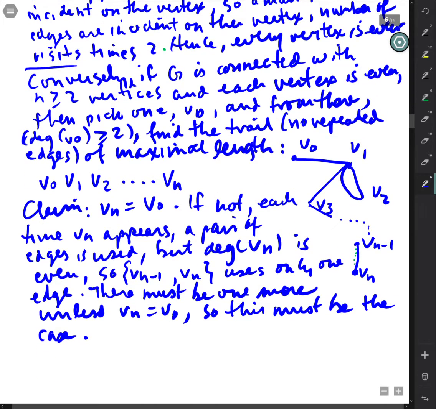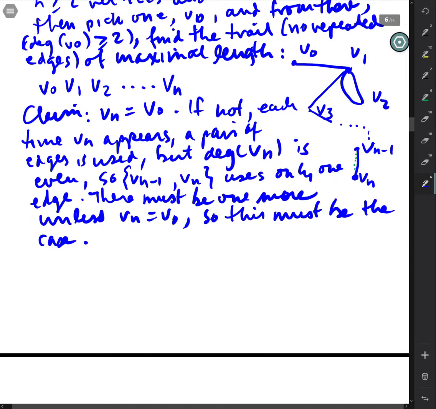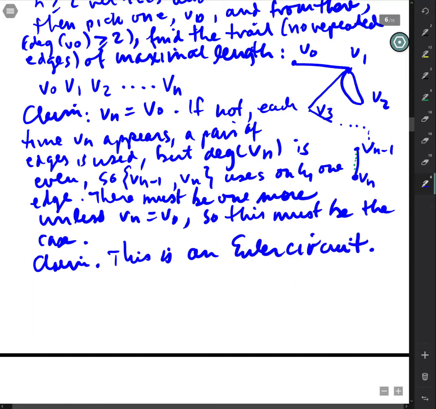So that's almost there. Now the claim is that this is an Euler circuit. If not, an edge remains, because it is a trail, so it doesn't repeat the edges.